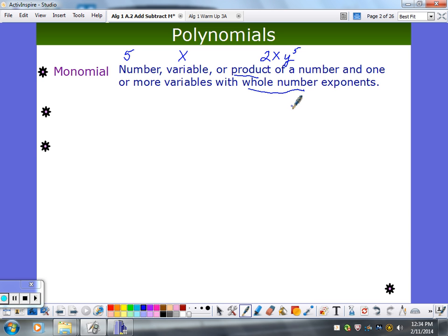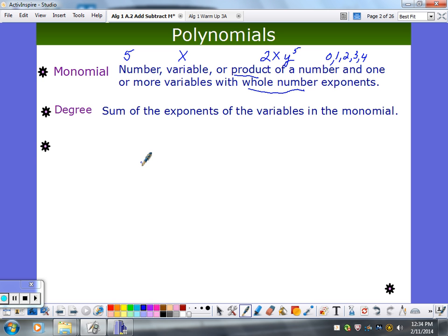What's a whole number? 1, 2, and what else? Whole numbers also have 0. Can I have negatives with whole numbers? They become integers, right? So these kinds of exponents, and you have a monomial by definition. Nothing magic, it's just a definition.